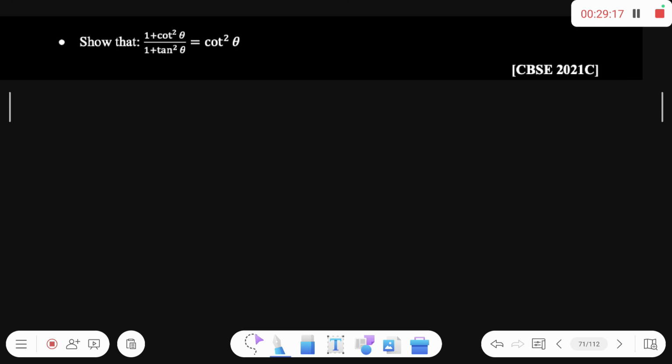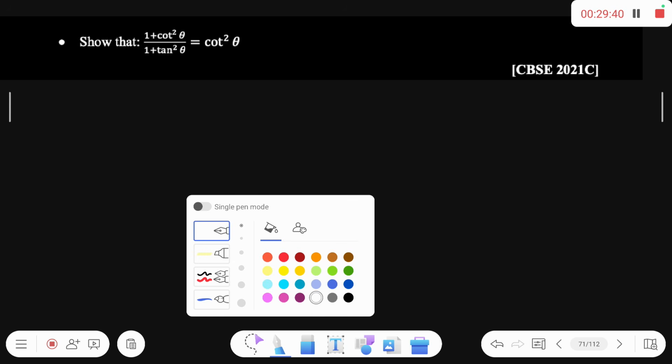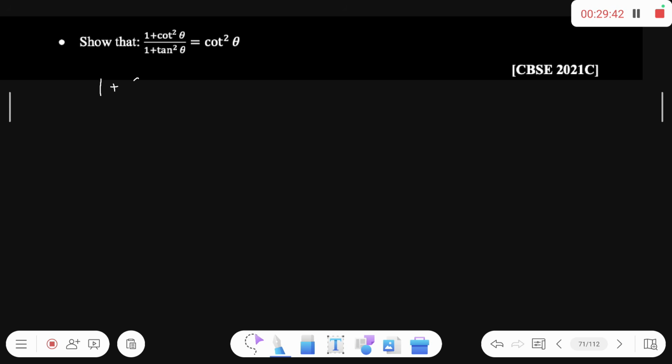Next is (1 plus cot square theta) divided by (1 plus tan square theta) is equal to cot square theta. This is an identity question. To solve this, you just take left hand side first, and you simply change it into another form. Instead of tan square theta you can write 1 upon cot square theta.